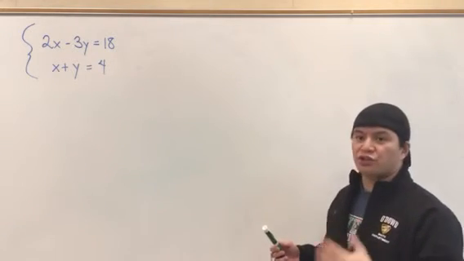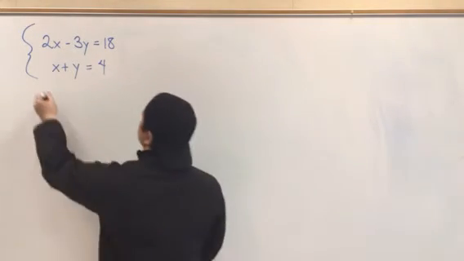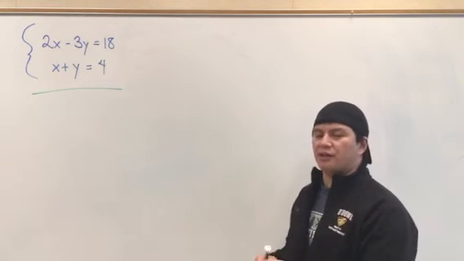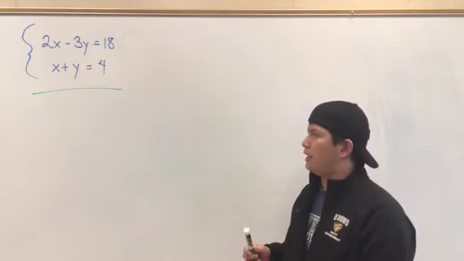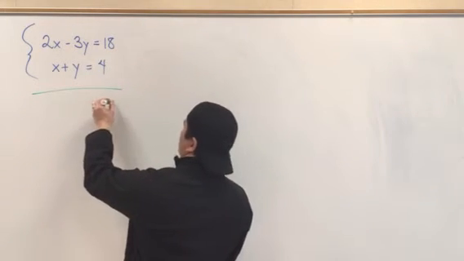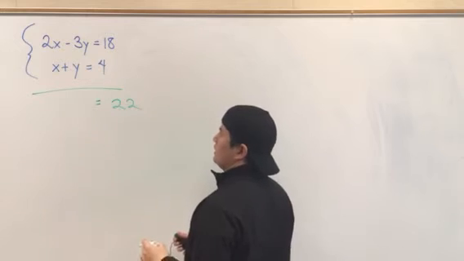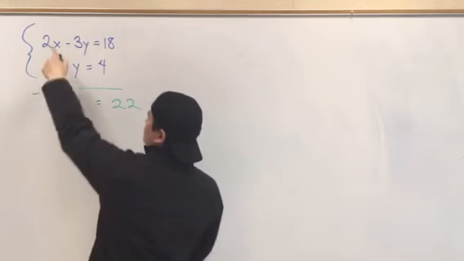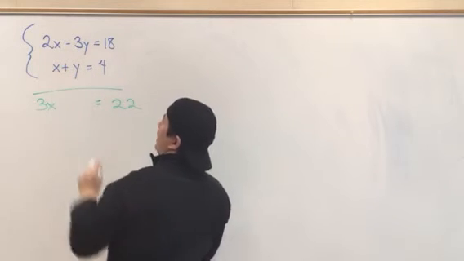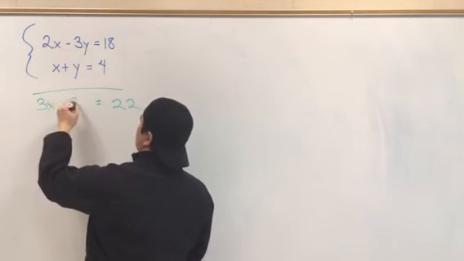And we're going to start off by noticing that if I simply just add these two equations together vertically, I really don't get much out of it. I'll end up with 22 on the right-hand side. And on the left-hand side, 2x plus x gives me 3x, negative 3y and positive y give me negative 2y.